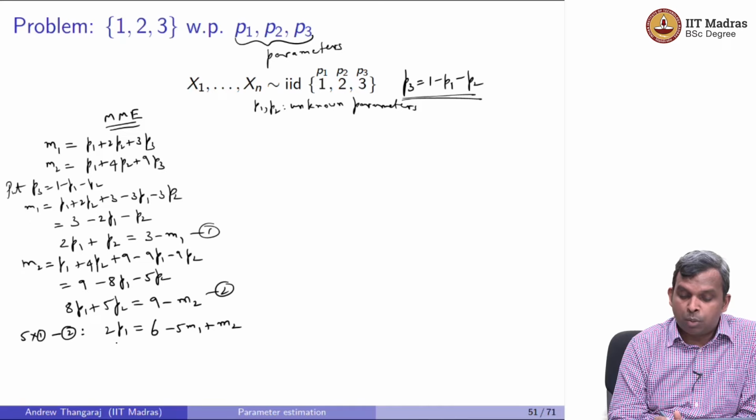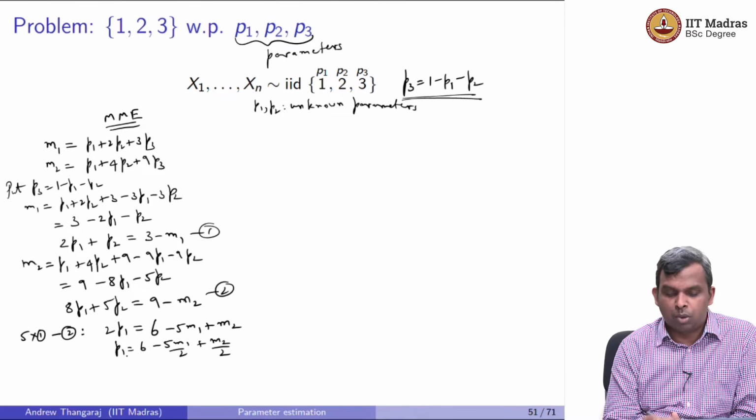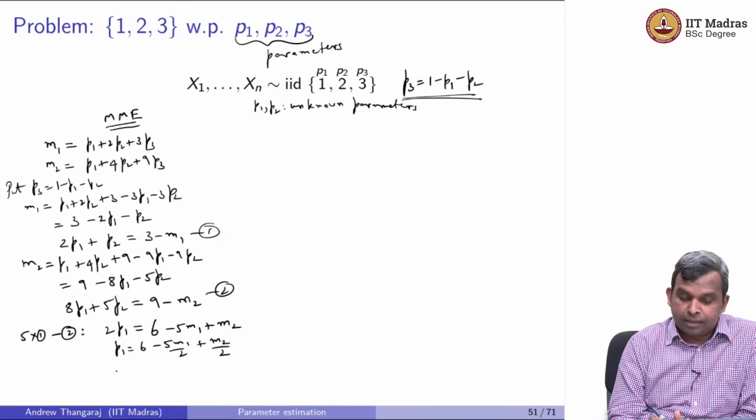So you solve for P1. P1 is just 6 minus 5M1 by 2 plus M2 by 2. Okay, so you've got P1. So what is P2? Maybe I should write it somewhere here so that I can get more space.